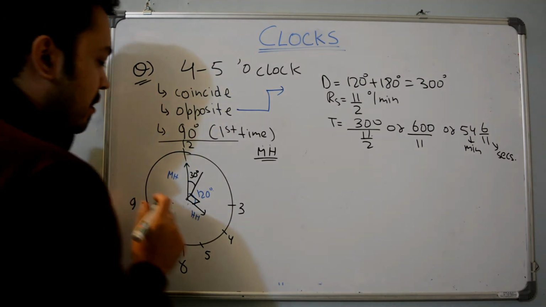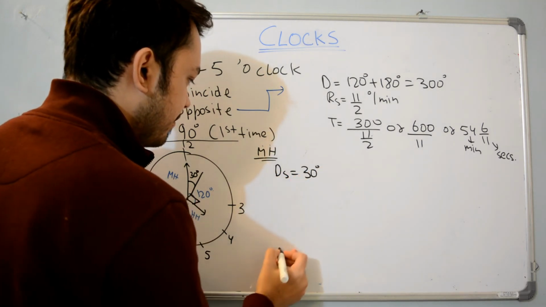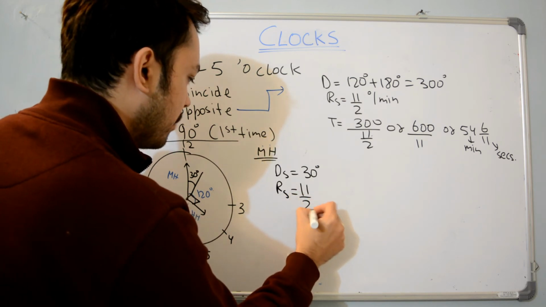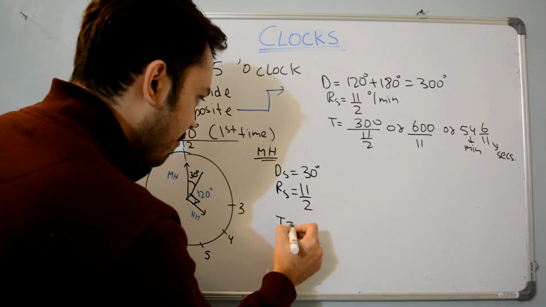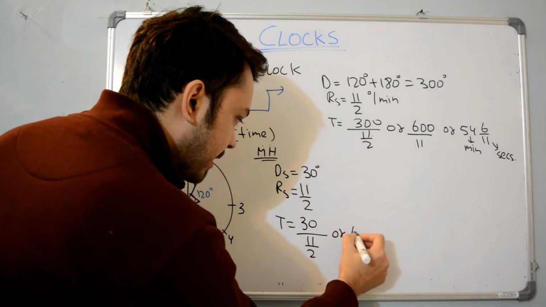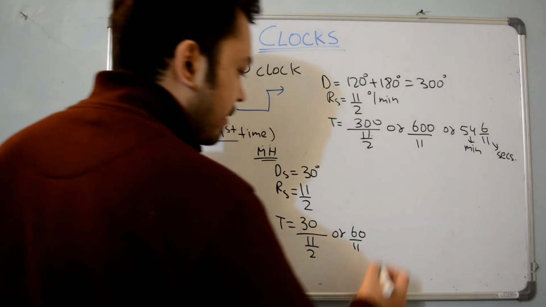Clear? So the distance to be moved is only 30 degrees, right? The relative speed is given to be 11 by 2 degrees per minute and the time will be 30 upon 11 by 2, that will be 60 upon 11, right?